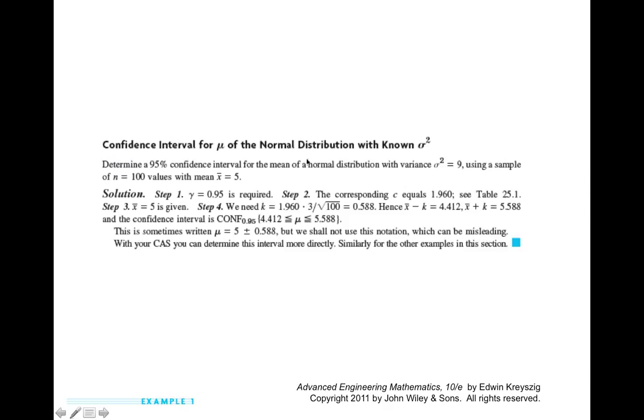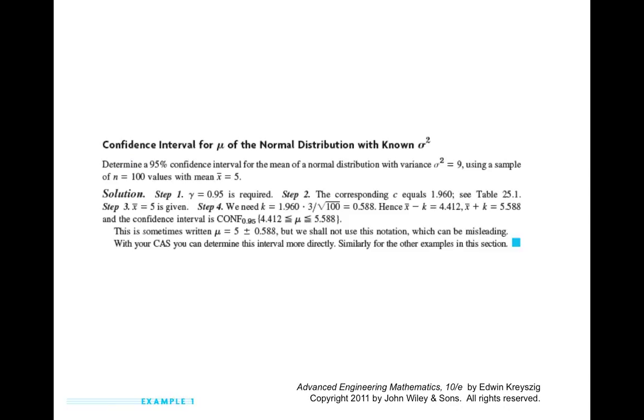So here's an example. Determine a 95% confidence interval for a mean of a normal distribution with sigma squared equal to 9, using a sample n of 100 values with a mean x bar of 5. So if x bar is 5 and we have 100 values and our variance is known, then basically we have to know that our confidence percent that we desire is 0.95.